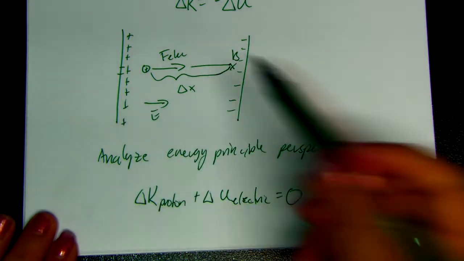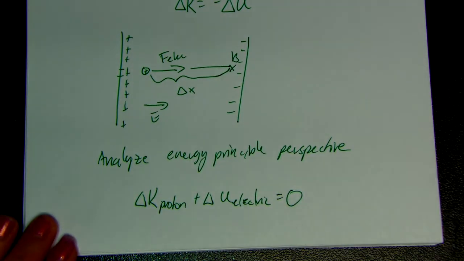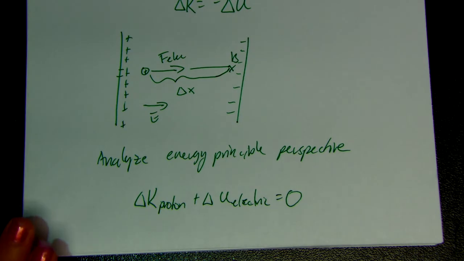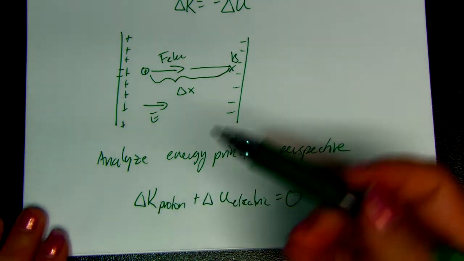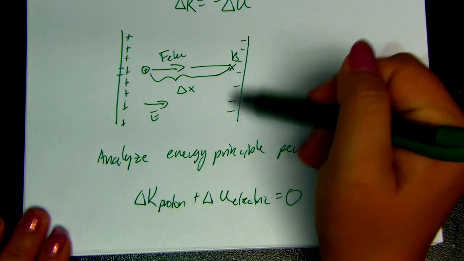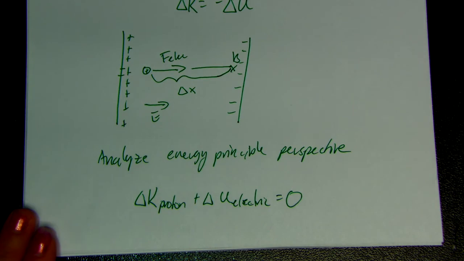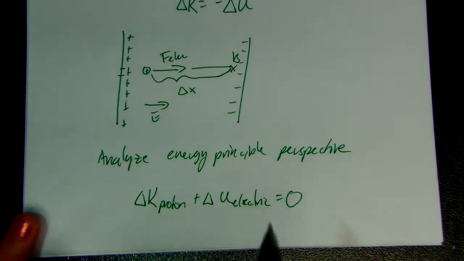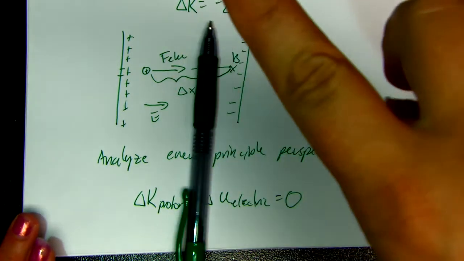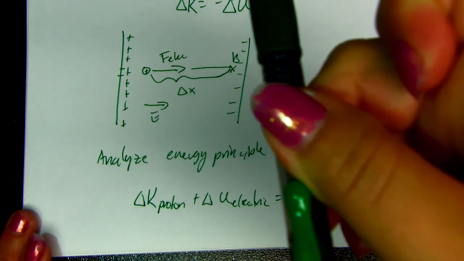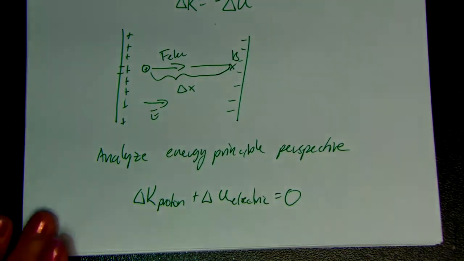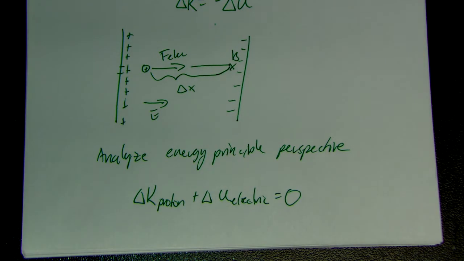So when it first comes in, if we just think about this conceptually, it's going to be going a little bit slower, and it's going to have a lot of potential to go faster because you've got this negative side here that's going to want to pull it forward. And as it pulls it forward, it's going to get faster and faster and faster. And as a result, the potential is going to decrease. So it's just like when we drop something, it's got more potential energy up here, and then in this case, dropped all the way to the floor.